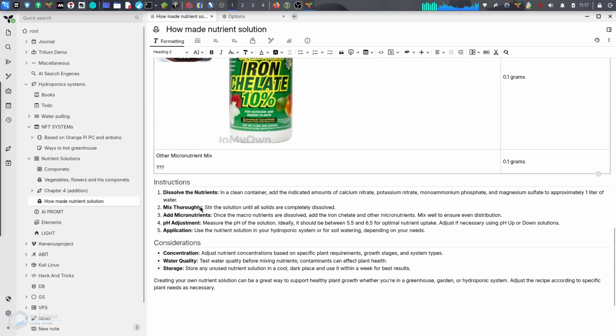Okay. Instructions: dissolve the nutrients, mix, add micronutrients, pH adjustment, measure the pH level, optimal between 5.5 and 6.5, and storage. Okay.